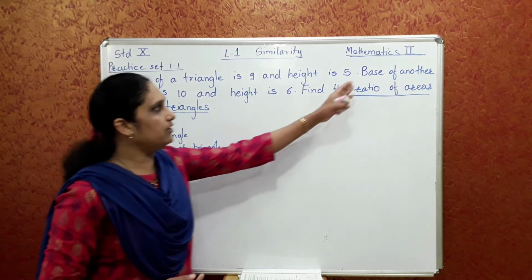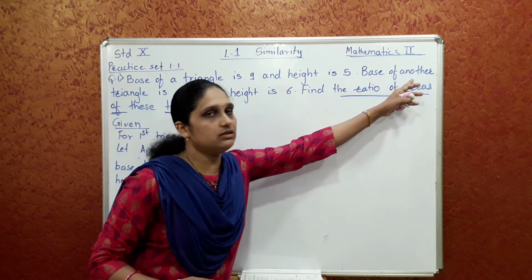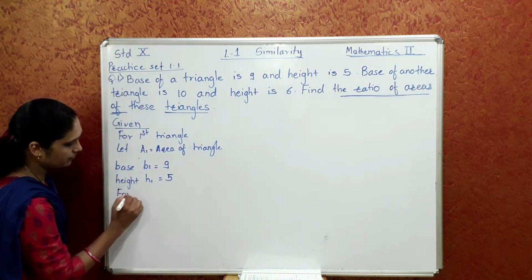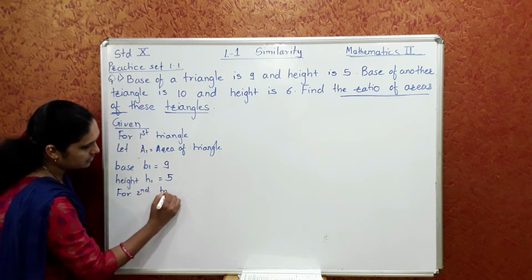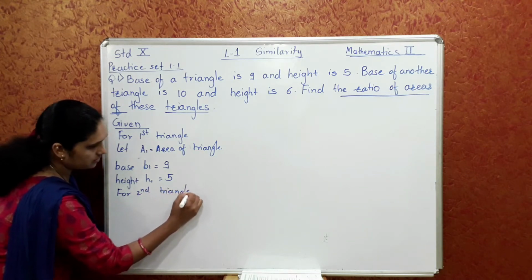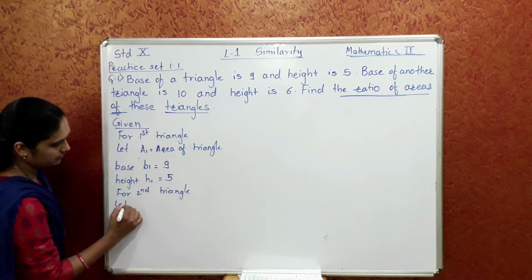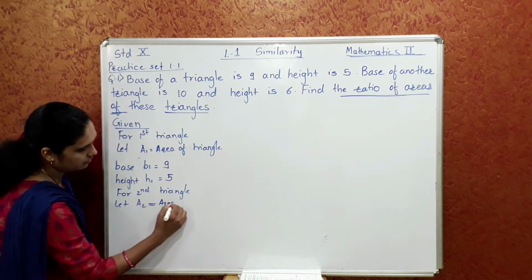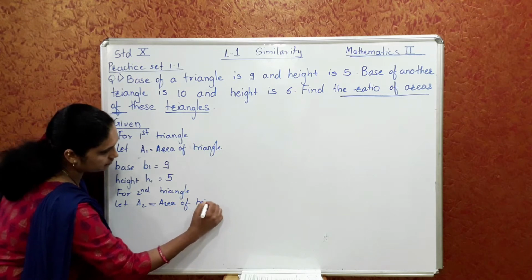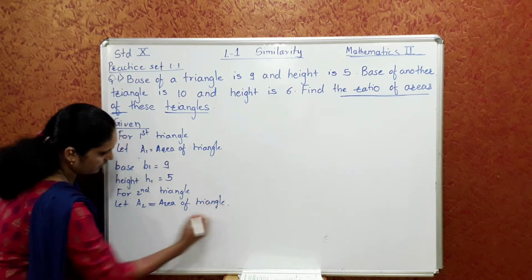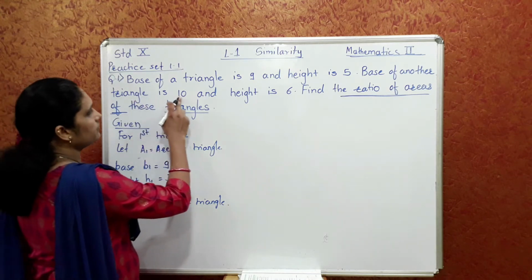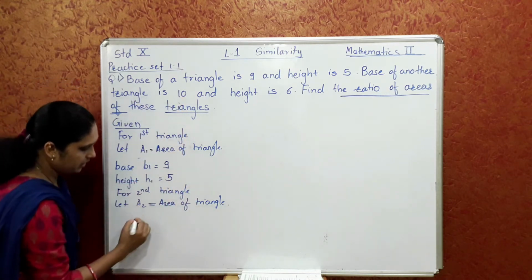Now the second information, that is the base of another triangle. For the second triangle, let A2 be the area of the triangle. Accordingly, for base we will consider B2.